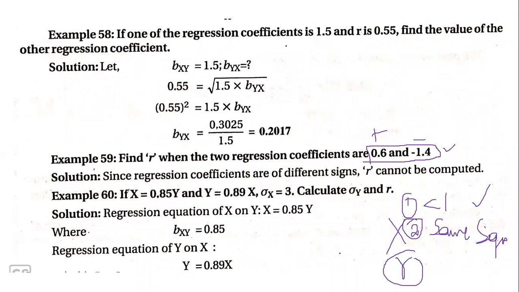At that time you have to write, since regression coefficients are of different sign, R, that is the correlation coefficient, cannot be computed. Did you understand? So checking signs and checking these two conditions are very, very important in each problem when it comes to using both correlation and regression coefficients. Clear?